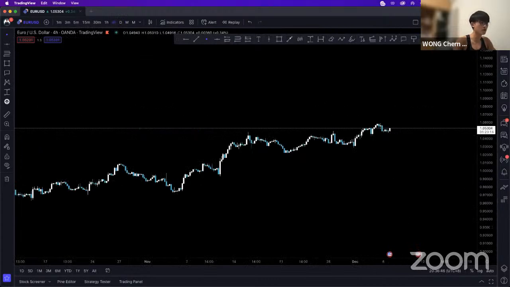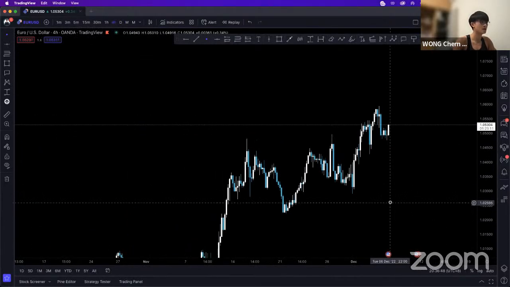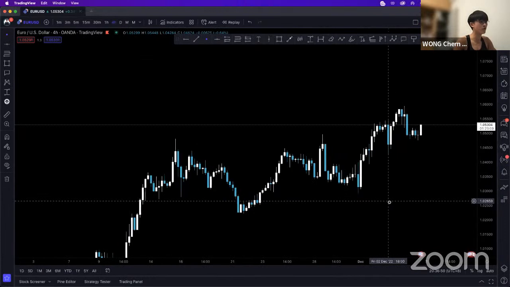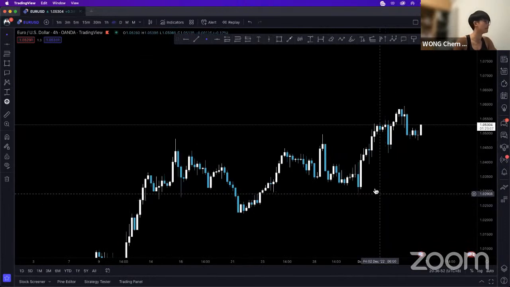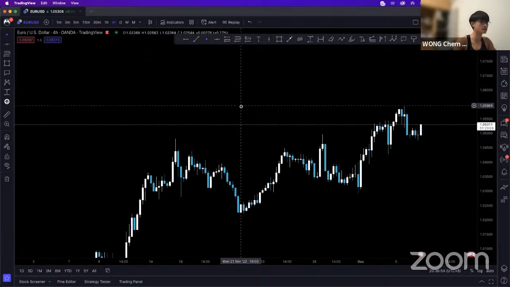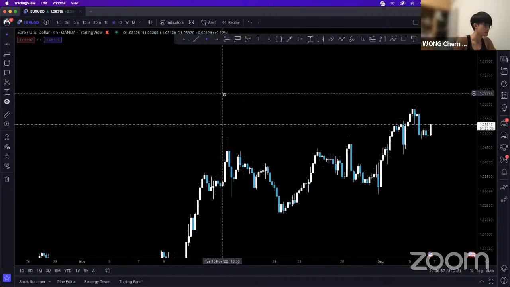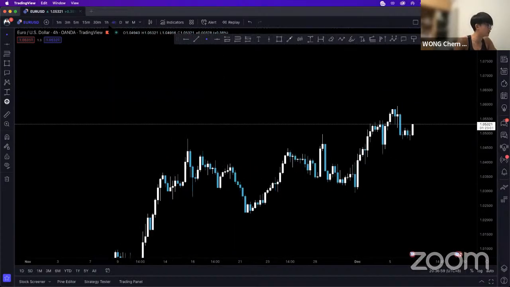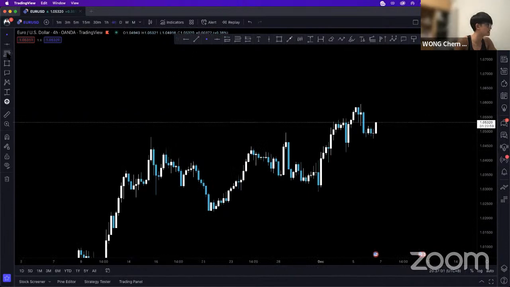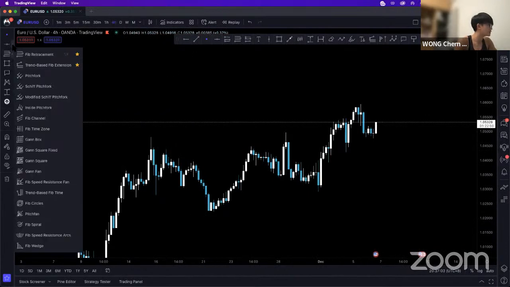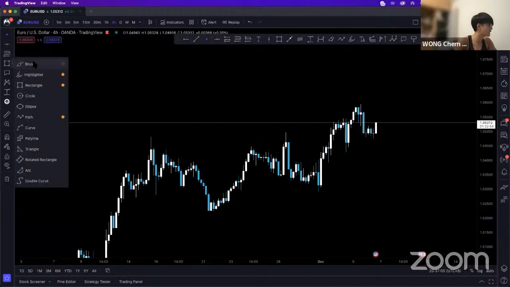However, if we are looking for any short opportunities, do note that it will definitely be from an intraday perspective only. So there'll be no bearish swing short positions that we'll be thinking about. If we go down to the 4-hour time frame on Euro USD, you can see higher highs and higher lows being formed. Let me just grab my brush and show you where that is.